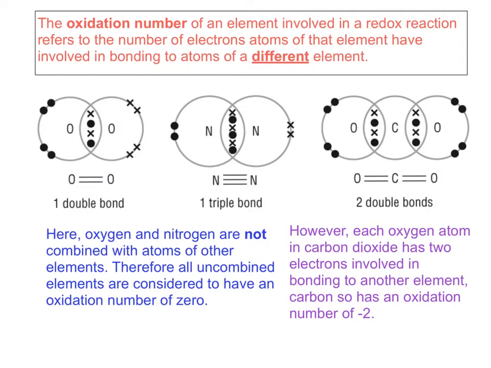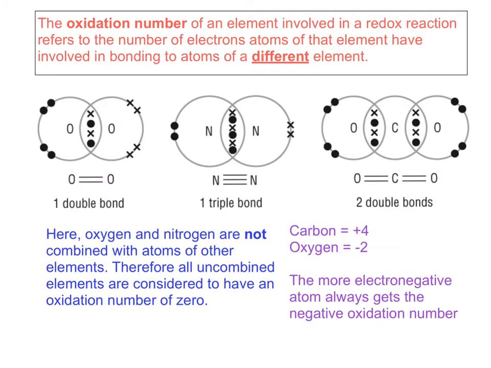So the oxygen atoms each have an oxidation number of -2. The reason it's +4 and -2 is because the more electronegative atom always gets the negative oxidation number. And the sum of all the oxidation numbers in this neutral molecule adds up to 0.